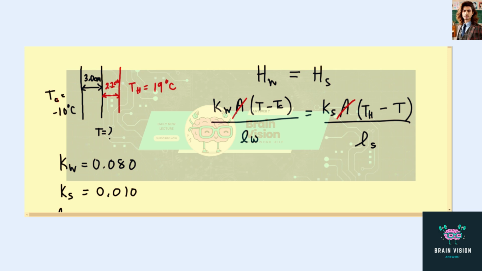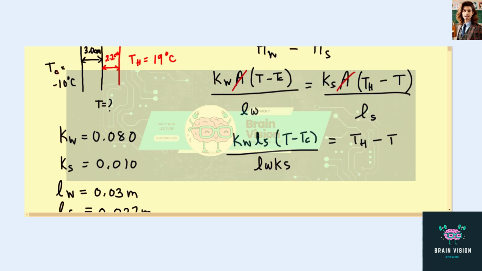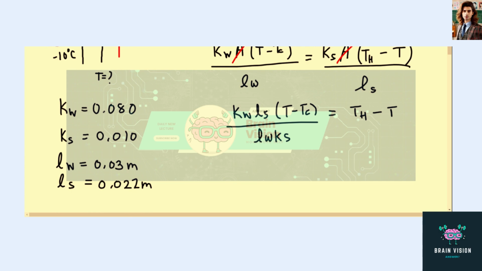I'm just going to rearrange this a little bit to make it easier to solve. On the left-hand side, I'm going to multiply everything by LS, so I'll get KW LS, and then divide by KS, so I'll get LW KS. That leaves TH minus T on the side. I can plug everything in based on the values I've already written out.